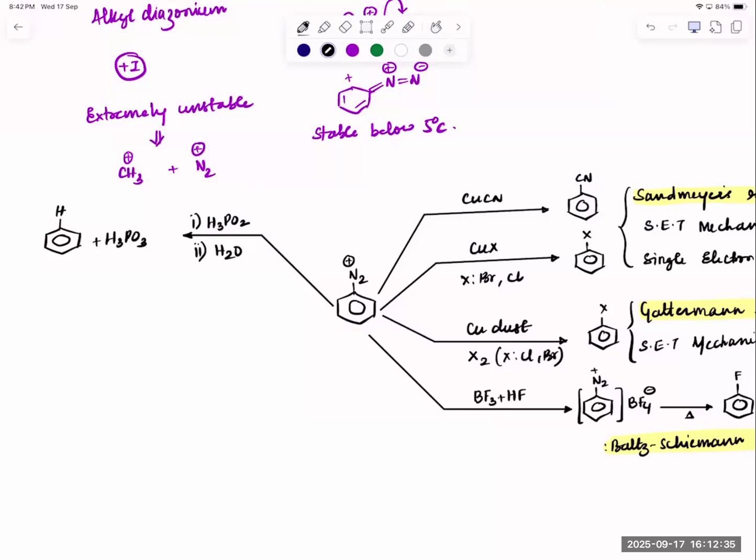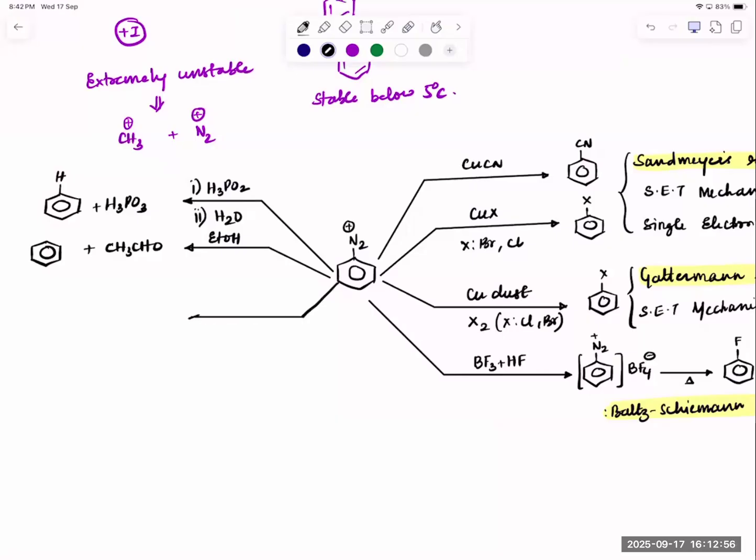So H3PO2 is getting oxidized to give this benzene form. Now this can also be done by ethanol. If you take ethanol, you can get CH3CHO. It will get oxidized and this benzene part will get reduced.